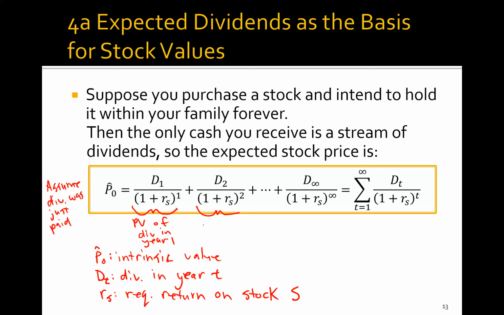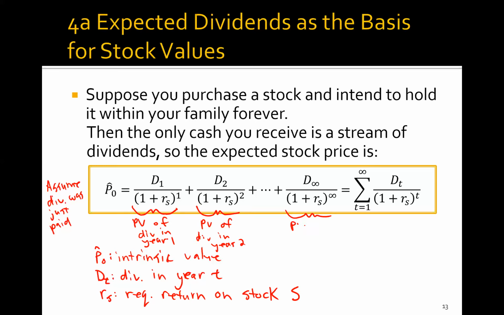This is the present value of the dividend that's paid in year 2. And you do that on and on from now until the end of time. You forecast what dividends are going to be over the entire course of time, and you take all of their present values.